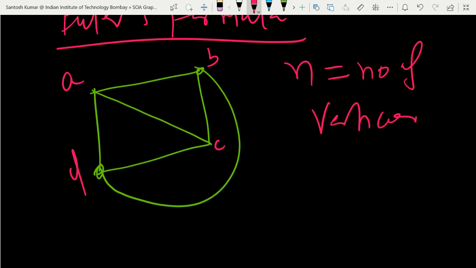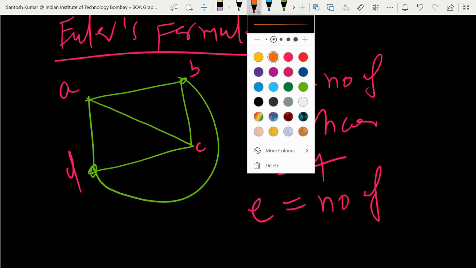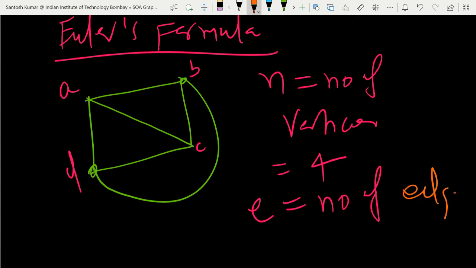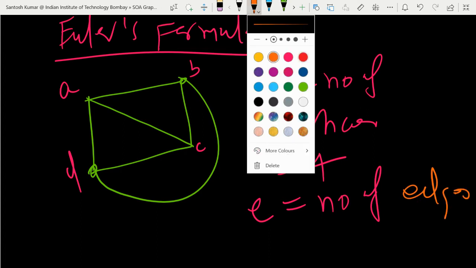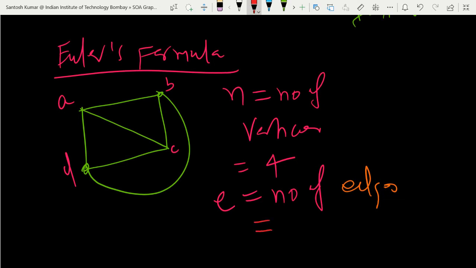Then I will use E as the notation for the number of edges. How many edges do you see? 6. So it is 6 edges.